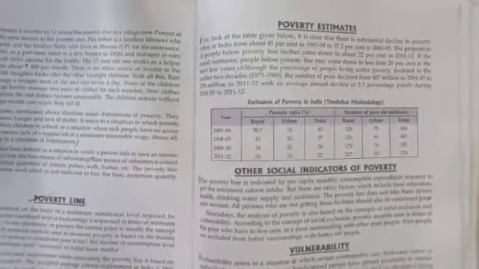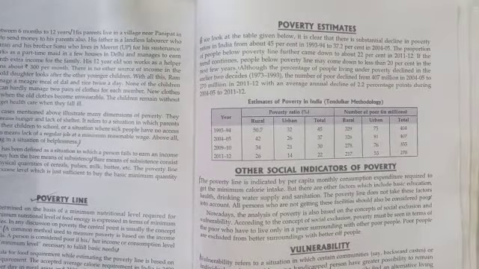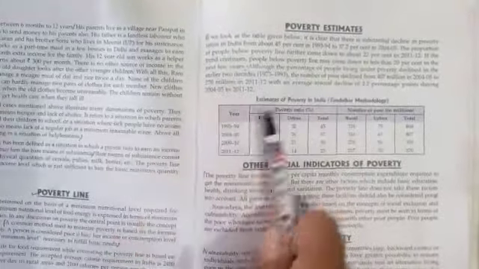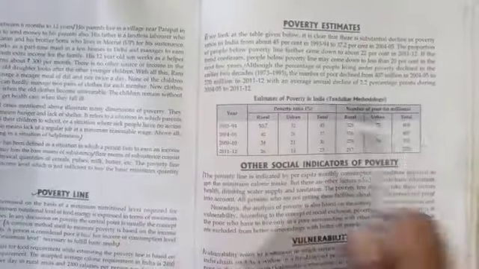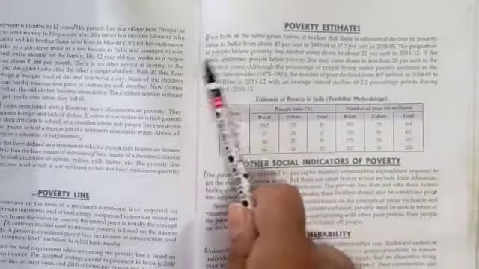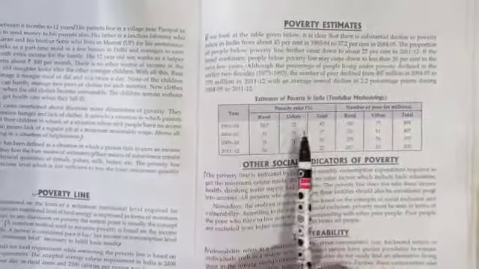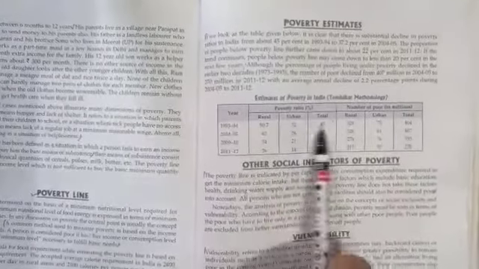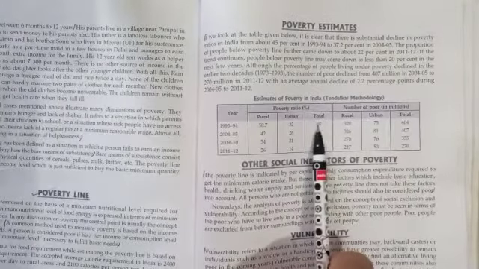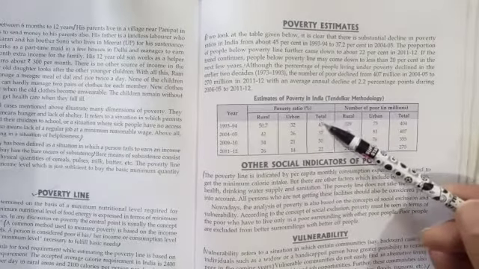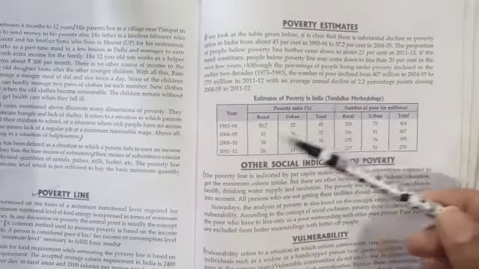Next topic is poverty estimates. If you look at the table given below on page number 351, it is clear that there is a substantial decline in the poverty ratio in India from 45%. This is the year 1993-94, that is, the total percentage poverty ratio is 45%. It has declined to 37.2% in 2004-05.